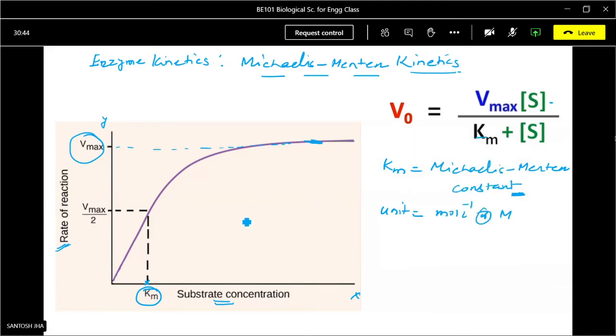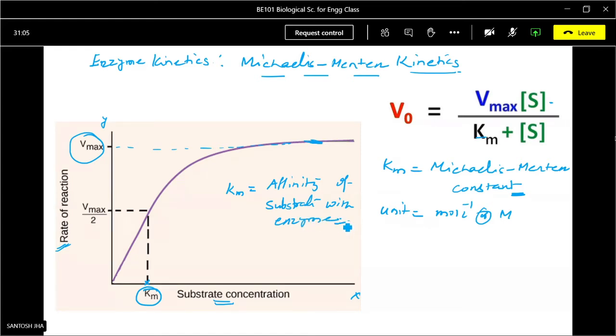One more important thing about Km: this Km value also indicates the affinity of substrate with enzyme.